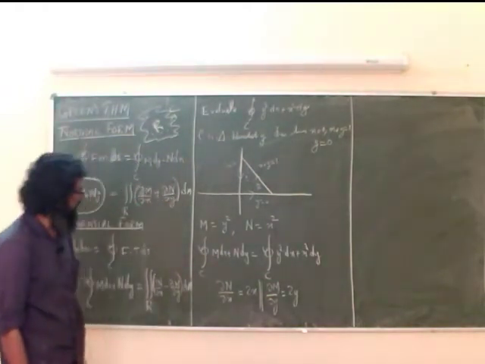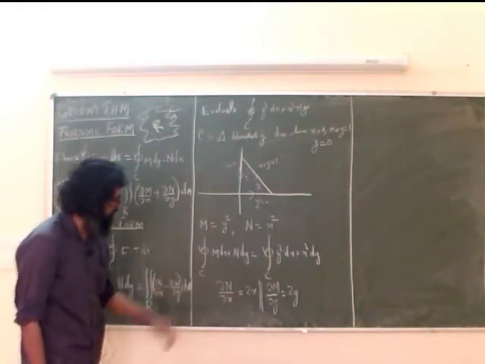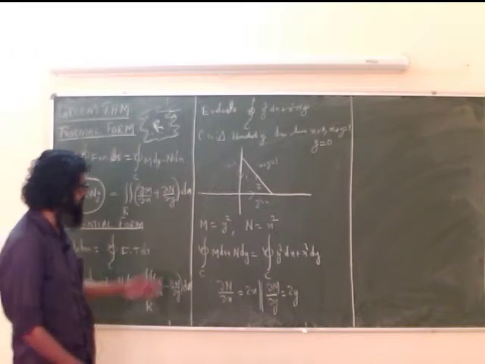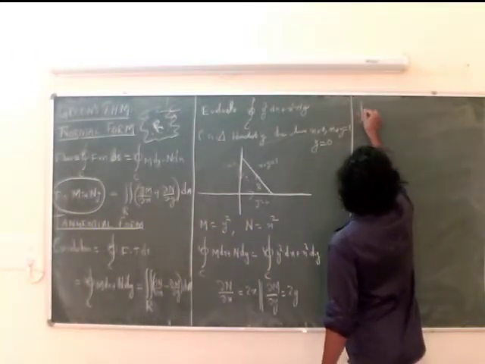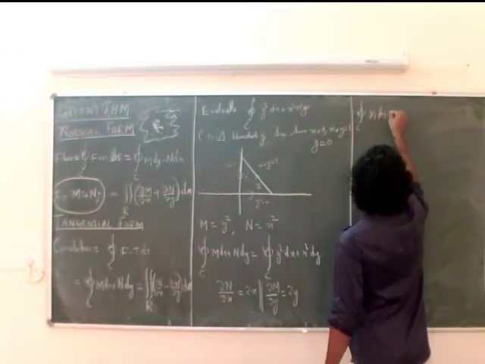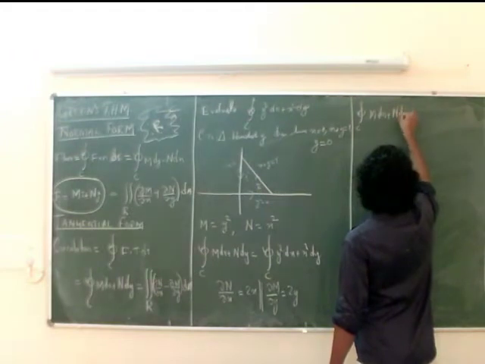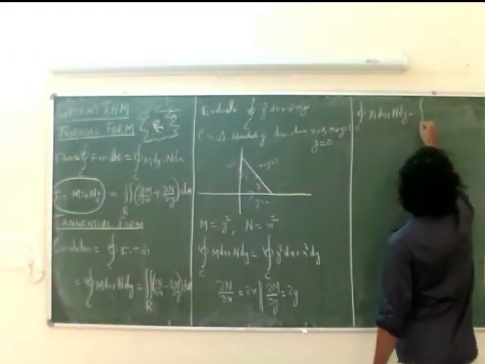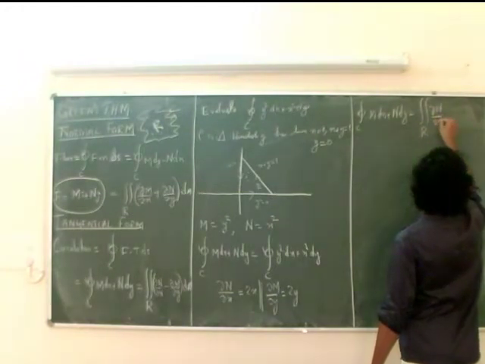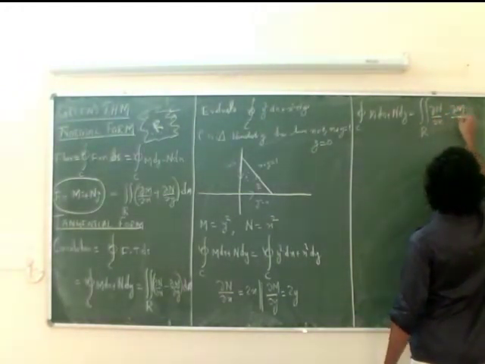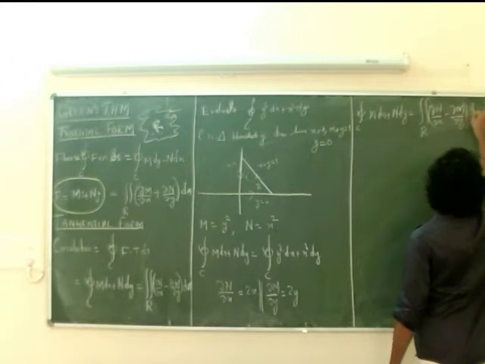So the k component is 2x minus 2y, or 2 times (x minus y), and by Green's theorem the integral over C of m dx plus n dy is equal to the double integral over R of dou n by dou x minus dou m by dou y dA.